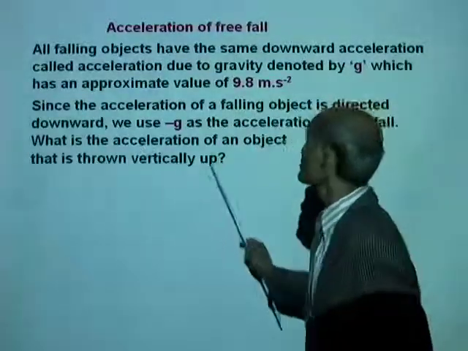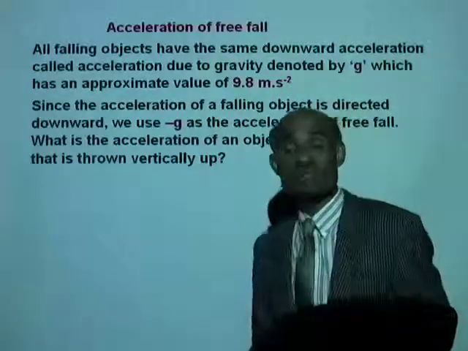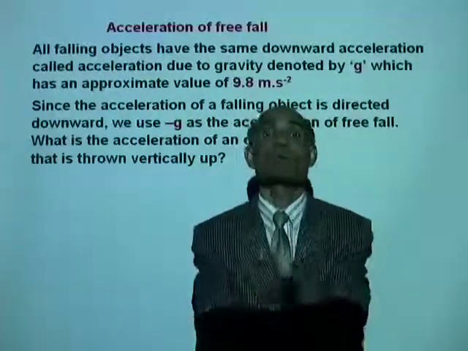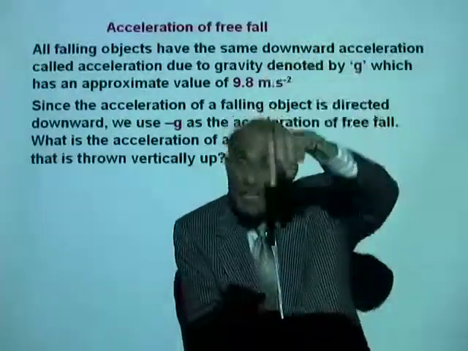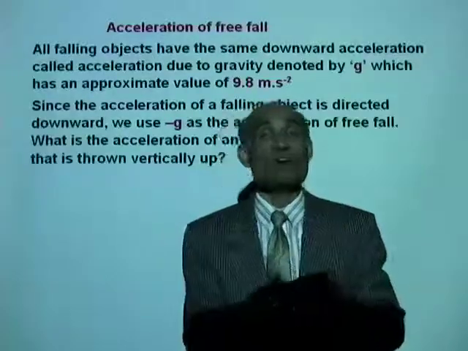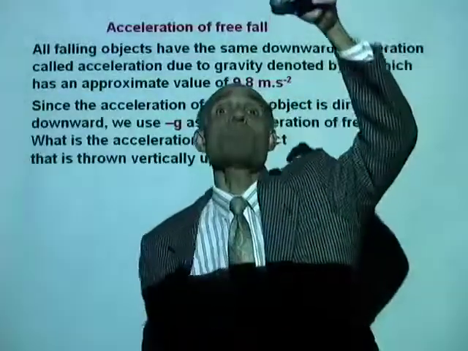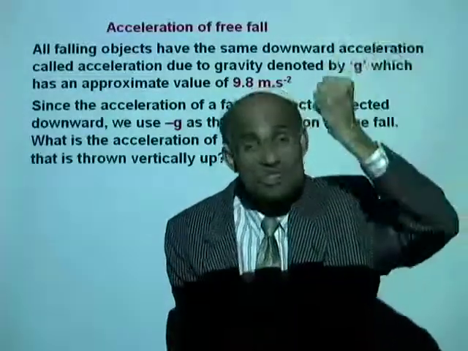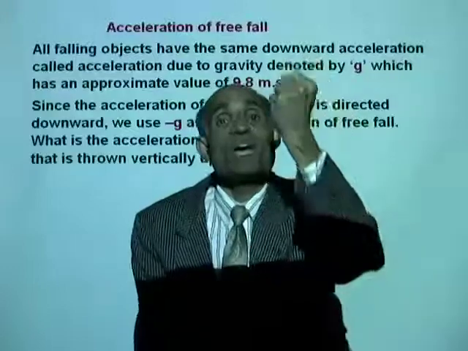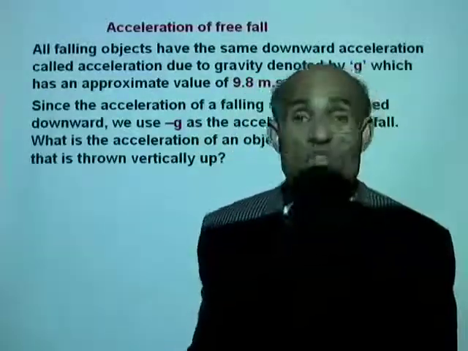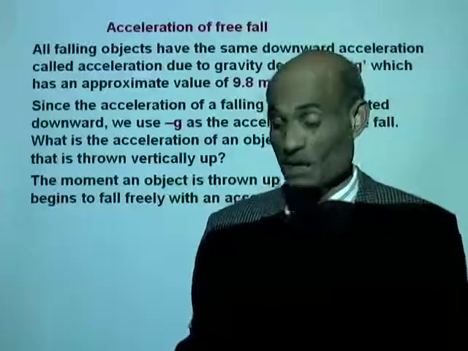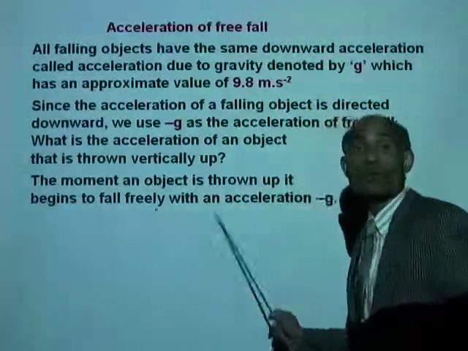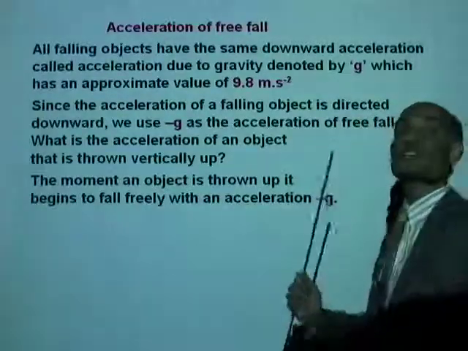Now, what is the acceleration of an object that is thrown vertically up? You see, the moment I throw this up, it begins to accelerate downward. That means whether an object is thrown up or simply dropped, both these objects have the same downward acceleration, which is negative g. The moment the object is thrown up, it begins to fall freely with an acceleration negative g.